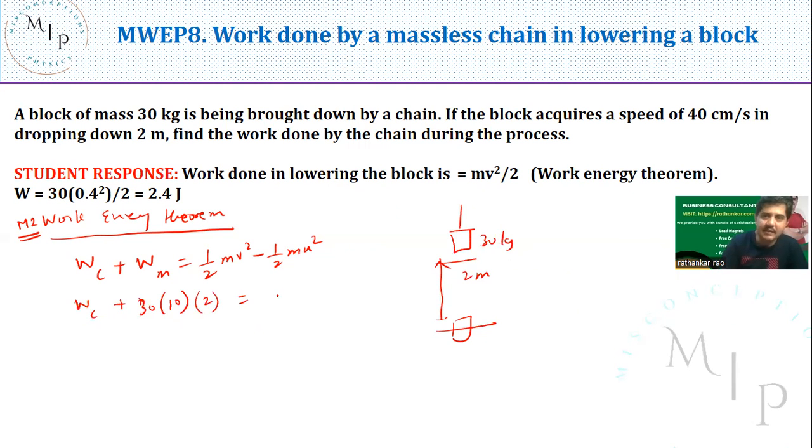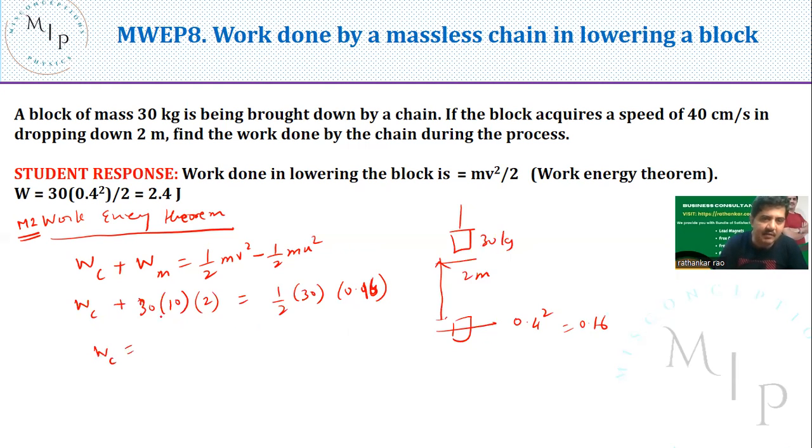What is half mv square? Half into 30 into 0.4 whole square, because here it is 40 centimeters per second. 0.4 whole square should be 0.16. I made a mistake once again here. 0.16, okay. And now let us compute this value.